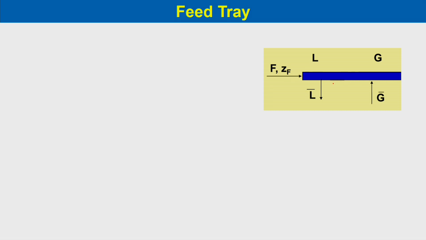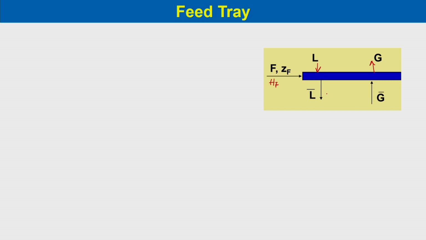The liquid which enters this tray is L, and gas which enters this tray is G bar. The liquid which comes out from the tray is L bar, and gas which goes out from the tray is G.